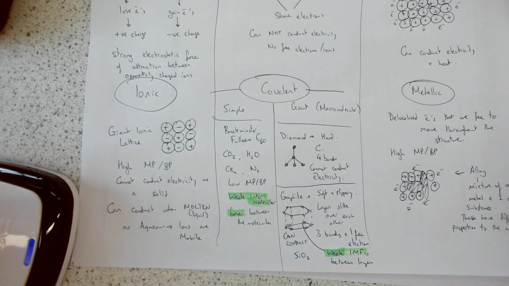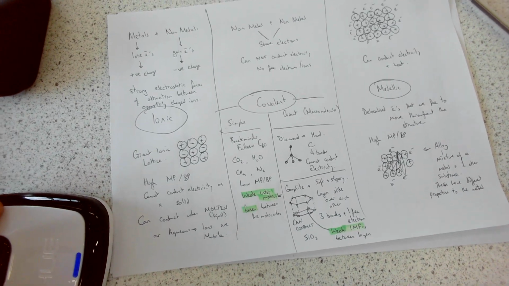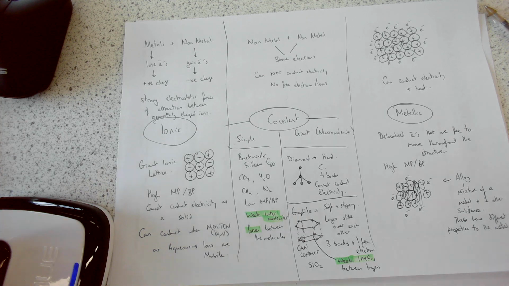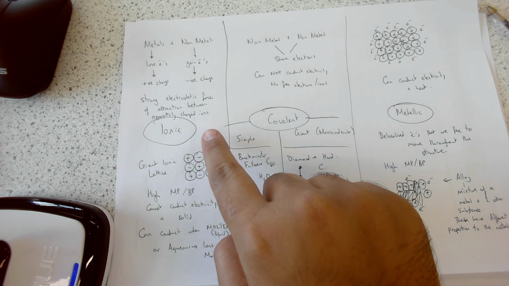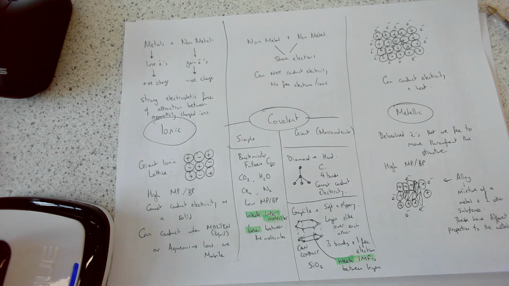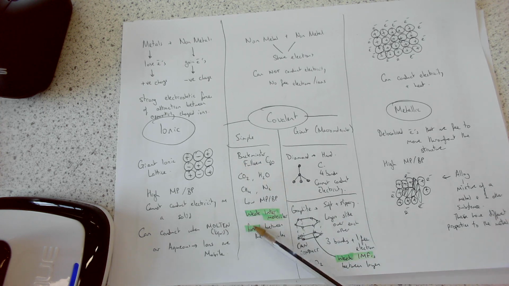That's it. There's no other place on this whole entire sheet on bonding where we've mentioned intermolecular forces at all. With ionic, electrostatic force of attraction. With metallic, we talk about delocalized electrons, but nowhere else do we talk about intermolecular forces, just simple covalent and graphite.